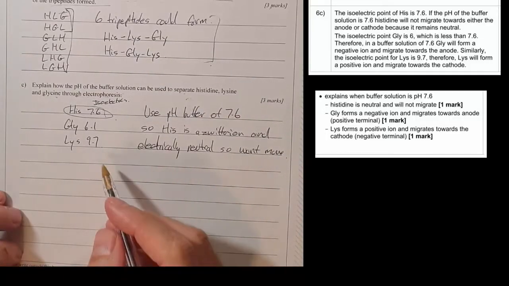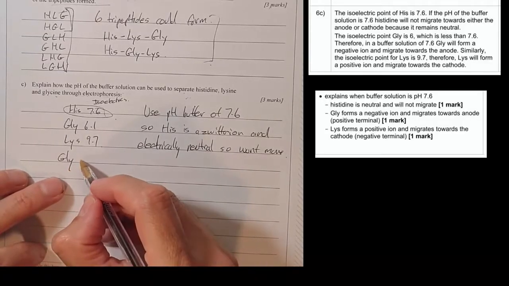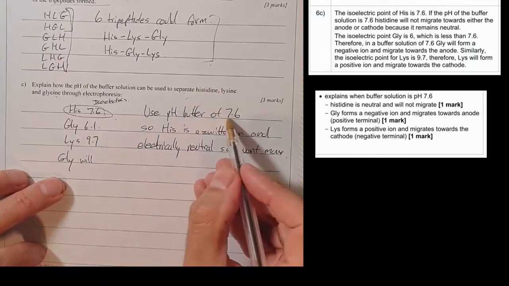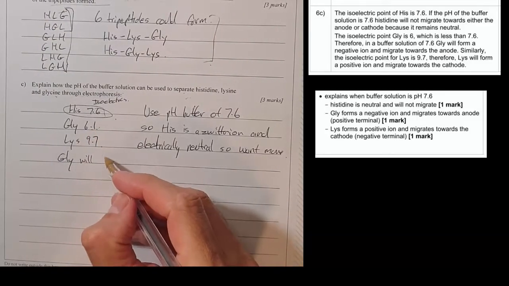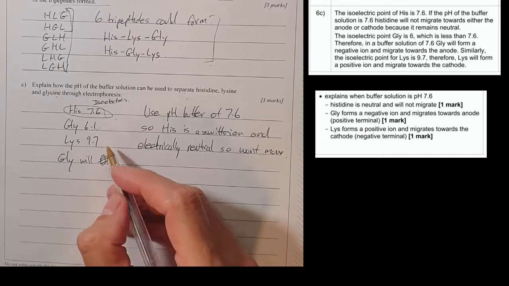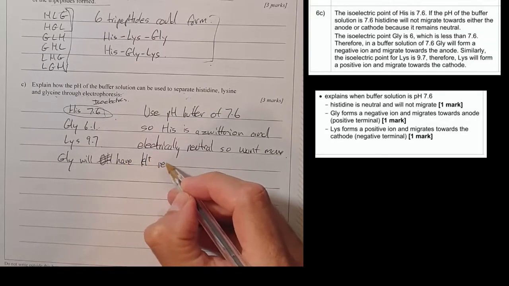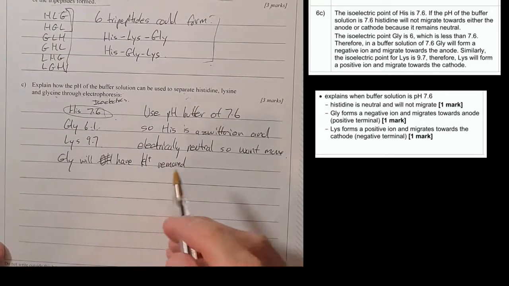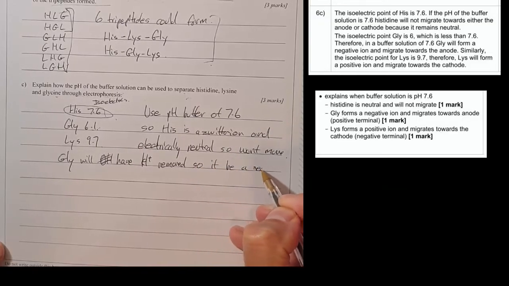Now, glycine is normally at 6.1, but at 7.6 you increase the number of OHs, so it will basically have H pluses removed, so it will be a negative ion.